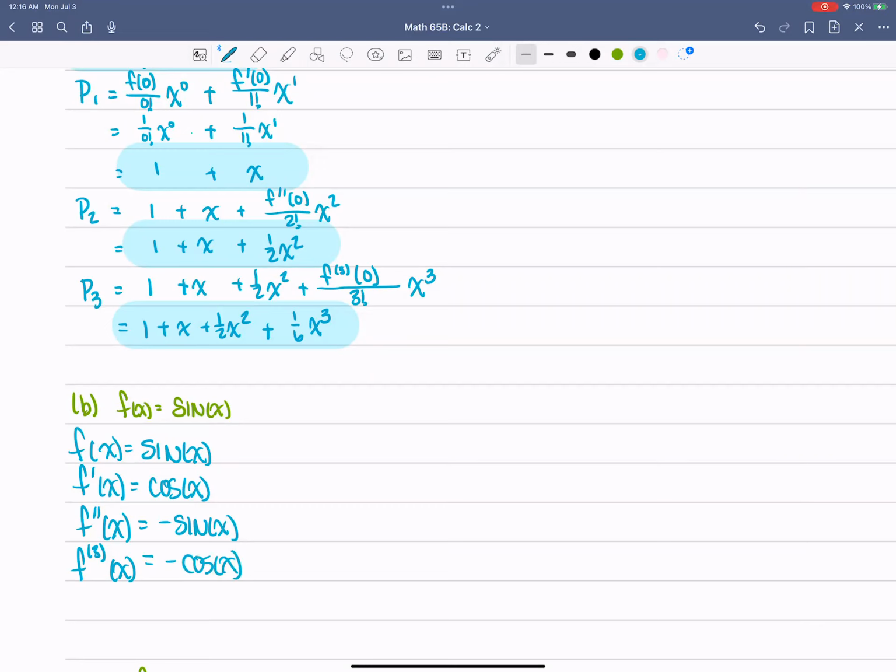Next, we have to evaluate it at each of these points. So let's get each of these evaluated at 0, because remember, for Maclaurin series, we're evaluating all of these at 0. F of 0, f prime of 0, the second derivative evaluated at 0, the third derivative evaluated at 0.